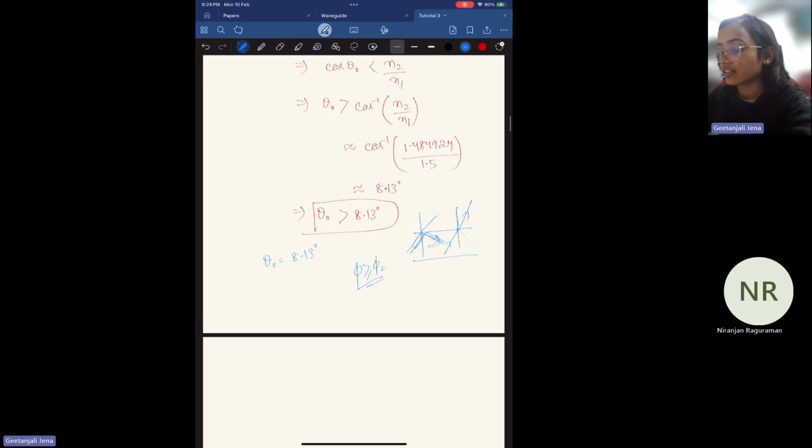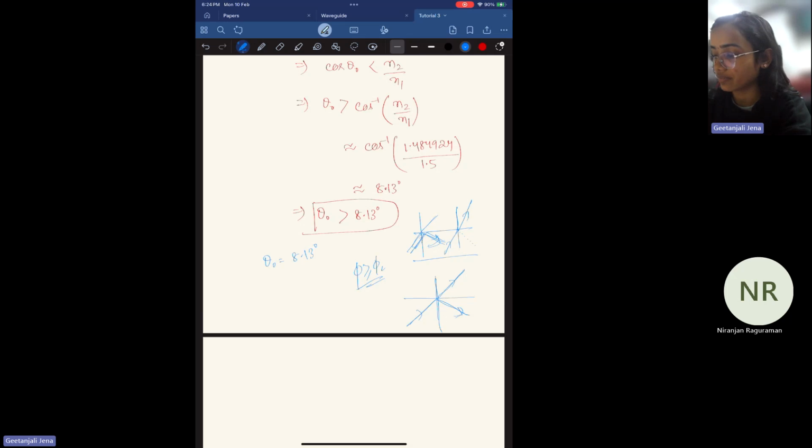Only if you consider TIR, when TIR occurs, it means complete reflection of energy back to the core medium. But in the TIR case, we have seen there is a refracted wave into the cladding which is exponentially decaying.